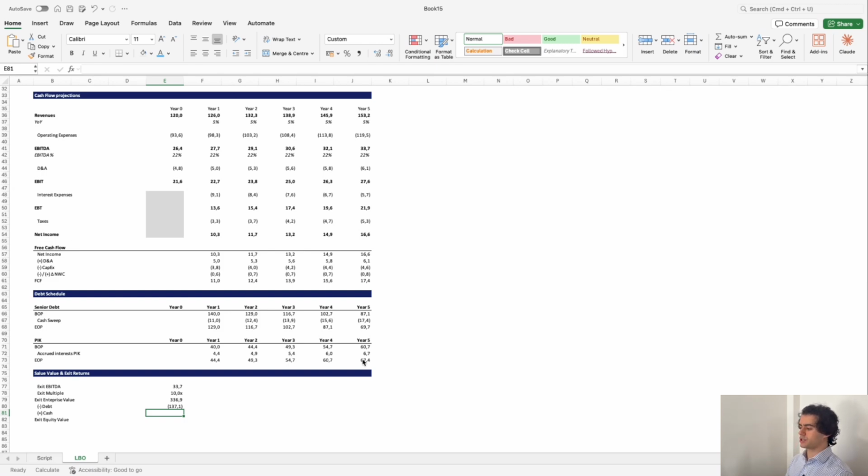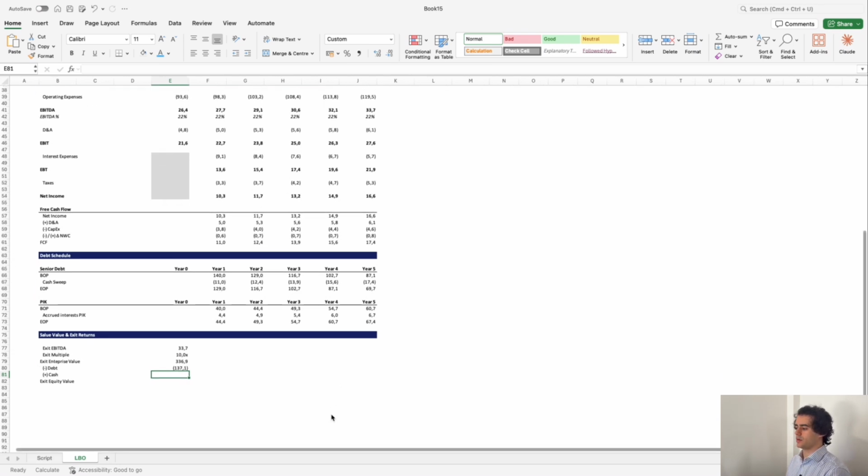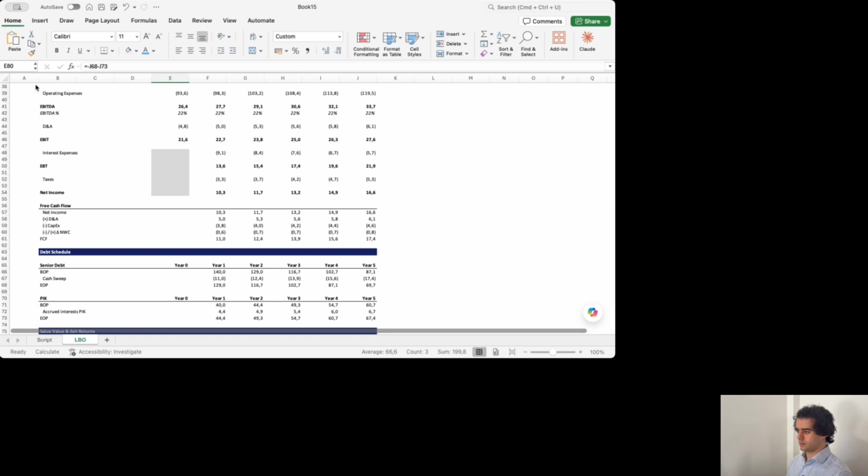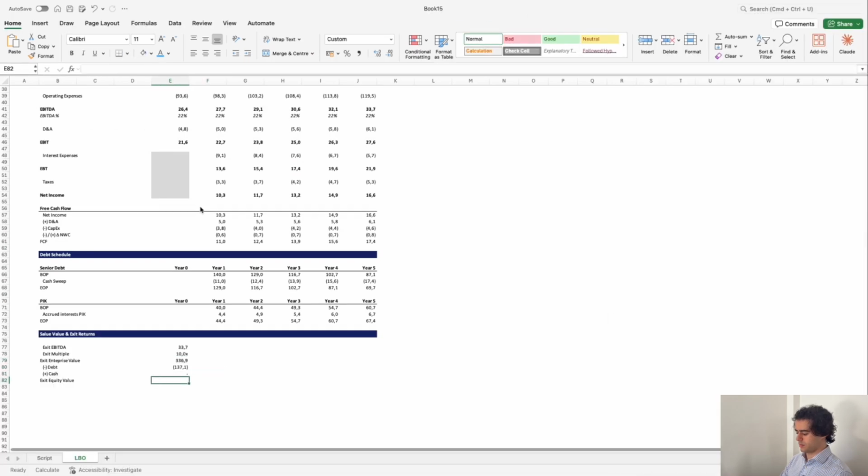We don't have any cash because every euro generated as free cash flow has been used to repay the senior debt. And so our exit equity value will be the sum of these three.